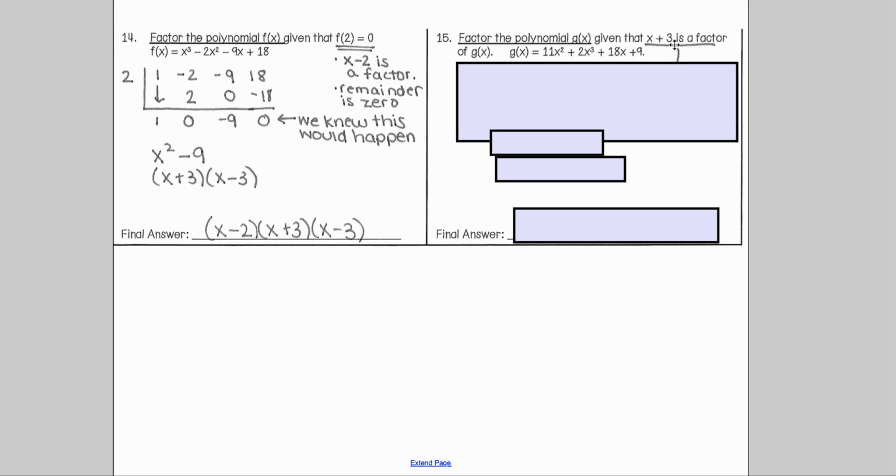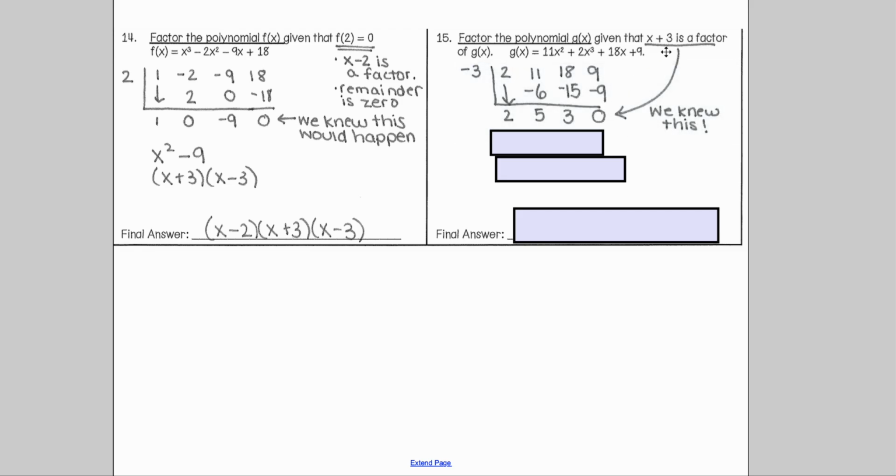So they told me x plus 3 was a factor, so I'm using -3, my r value, for my synthetic. We knew that there was going to be a remainder, so that's not a surprise. I would be surprised if it didn't happen. Depress your polynomial. Factor it.